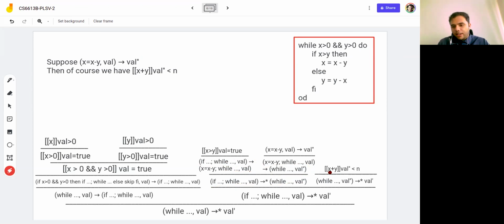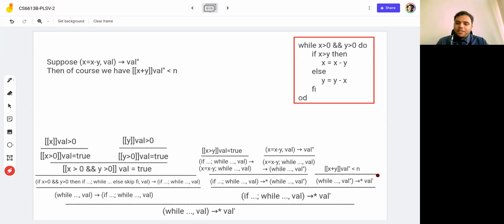Okay, and then on the other hand, I have this, which is my assumption that x plus y has a value that is less than n. And what rule am I using here? Yes, this is the induction hypothesis.